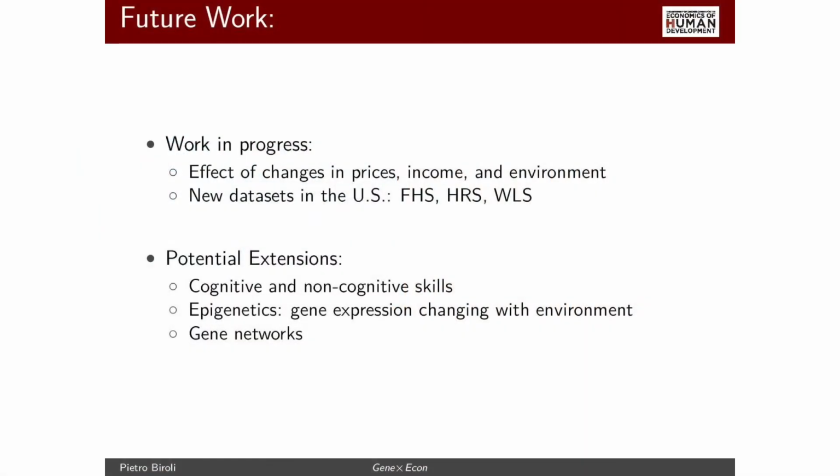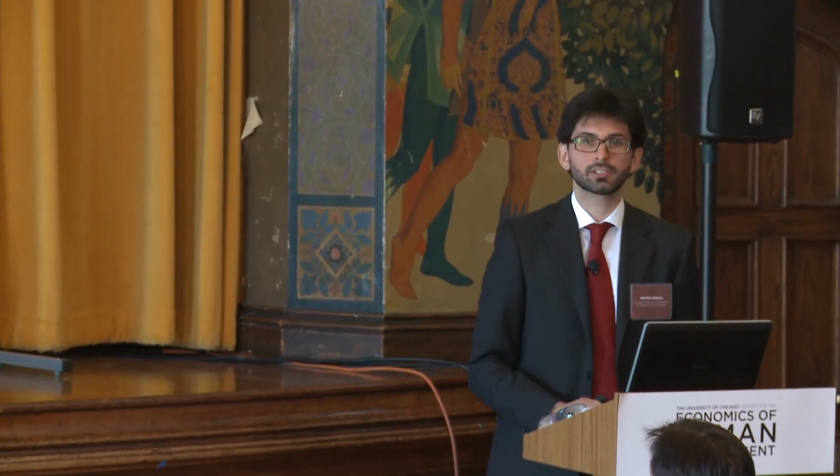To conclude, I hope that I've shown you the importance of taking into account how genes and choices of investment interact with each other and build on each other in human capital formation. What I would like to talk about now is some work in progress and some potential extensions of this work. Right now, we just got access to the Framingham Heart Study, a data set that looks at adults in the US.